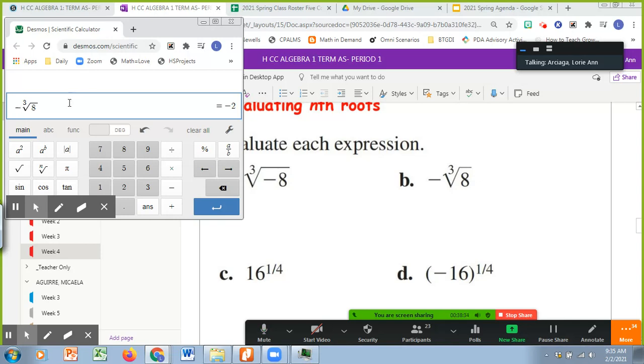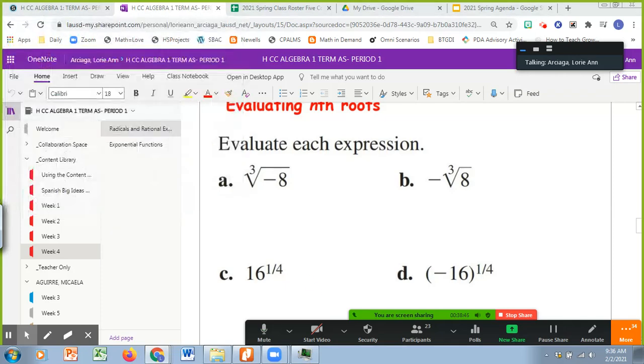Now look at letter C. How are you going to write that with a square root? So for letter C, remember what we said earlier? The base becomes the radicand, right? And then if it's a fraction, this is the numerator, this is the denominator.